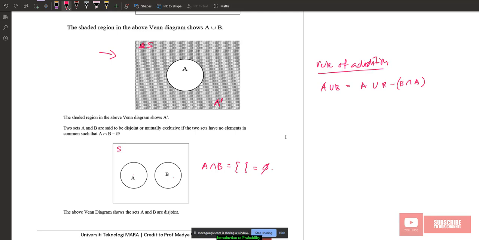So this is the rule of addition. Rule of multiplication, A intersect B is also equal to A multiplied by B, right? Or B intersect A is also equal to A intersect B, A multiplied with B, right?